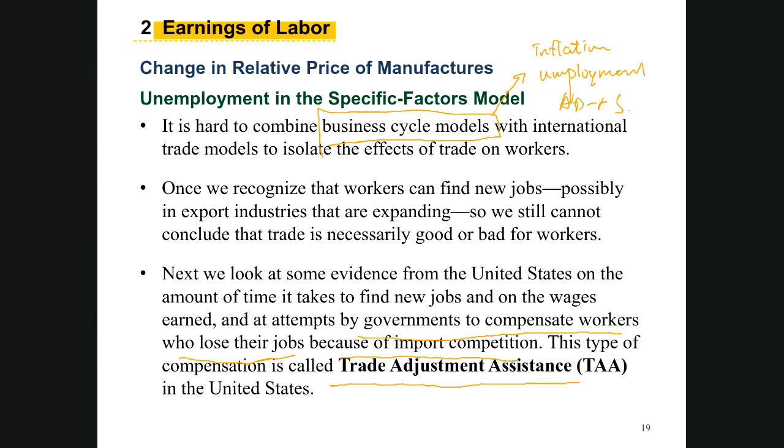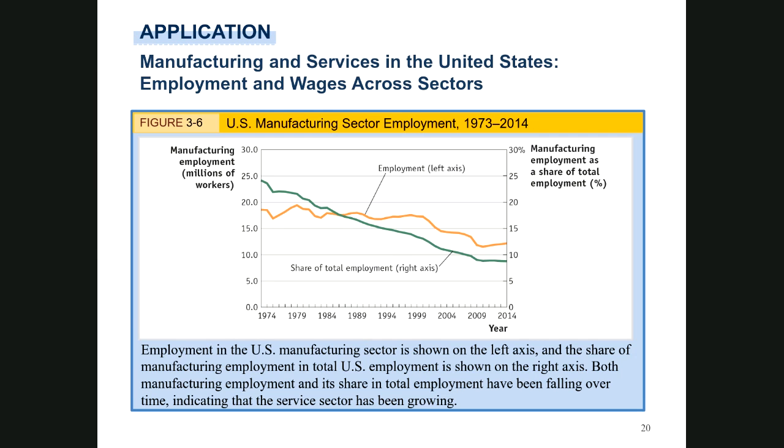And the book shows this is the manufacturing employment in the U.S. This is the level data, the real number, and this is the share of manufacturing employment to total employment. As you can see, starting from 1974 to relatively current, U.S. employment in manufacturing is decreasing.